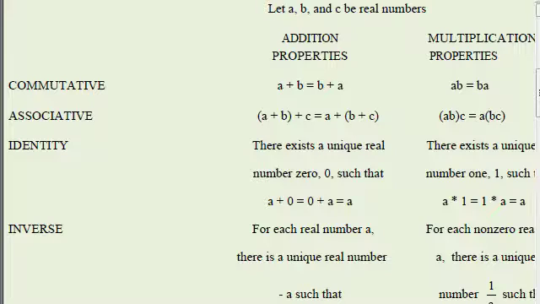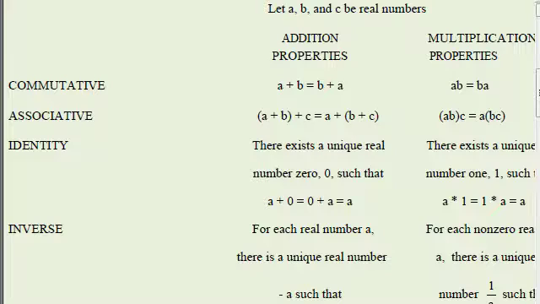It says that there exists a unique real number 0 such that A plus 0 equals 0 plus A, which equals A. So that's pretty much saying you would have a matrix, and when you add an identity matrix to it, or at least zeros to it, you get the same matrix. Nothing changes. There's also the identity matrix or matrices for multiplication. When you multiply a matrix times the identity of it or a specific type, you still get the same original matrix.